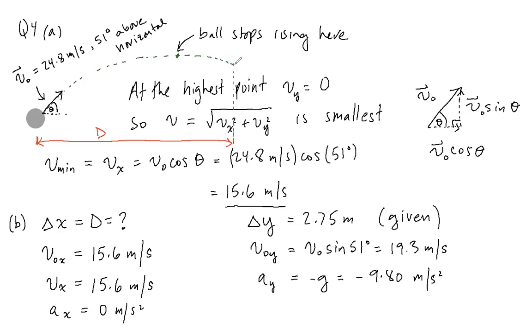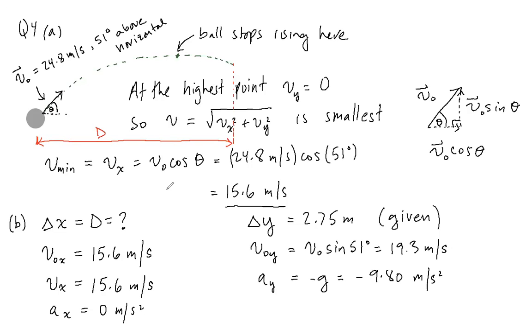Once we have the time, then we can work out the distance, because we know the horizontal component of the speed. So once you know the horizontal component of the speed and the time it takes, you can simply multiply those two together to tell you how much it traveled, starting from here and ending up over here.